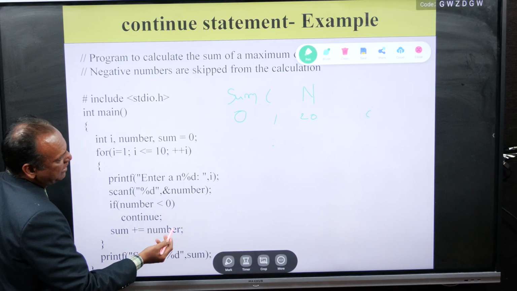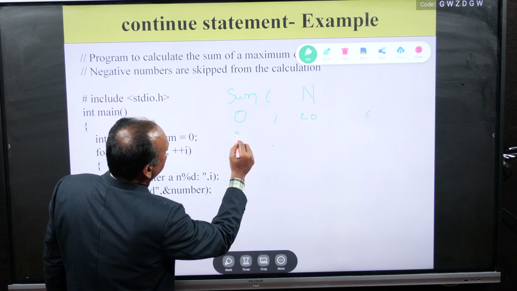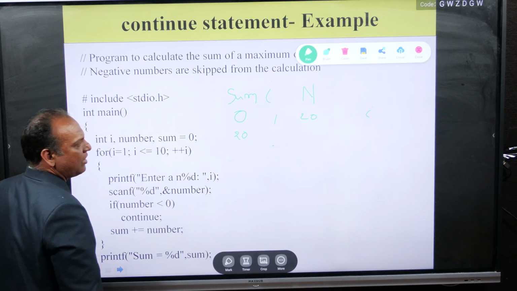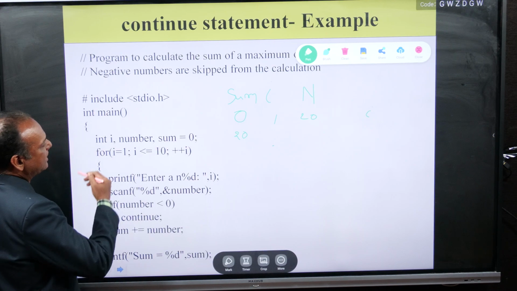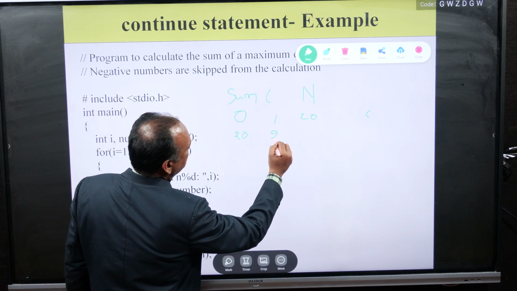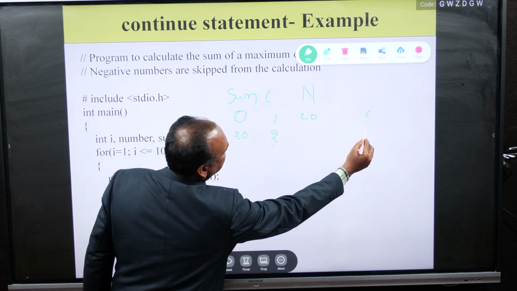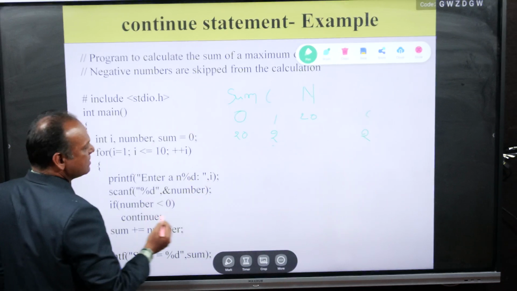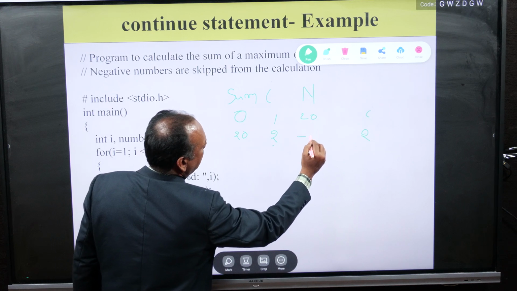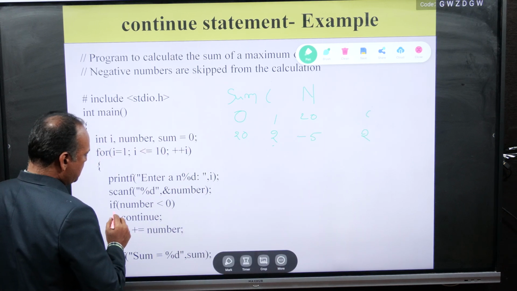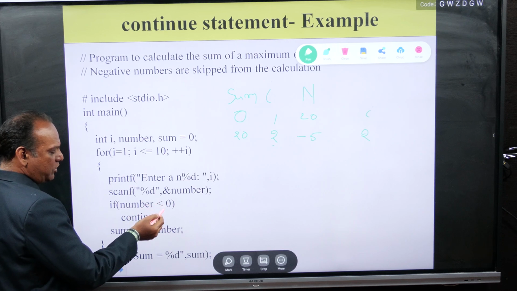Sum plus equals number, 0 plus 20 is equal to 20, is the sum value, and it goes for the next iteration. I will be incremented to 2, and it prints enter the second number. The second number I am going to enter is -5, and -5 is less than or equal to 0.